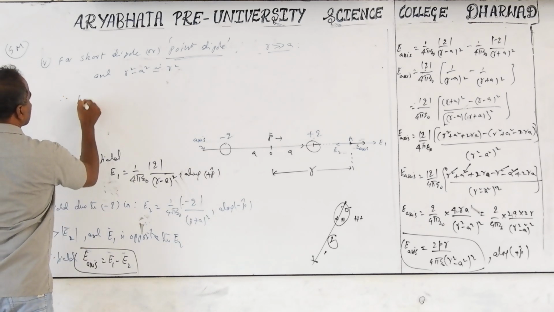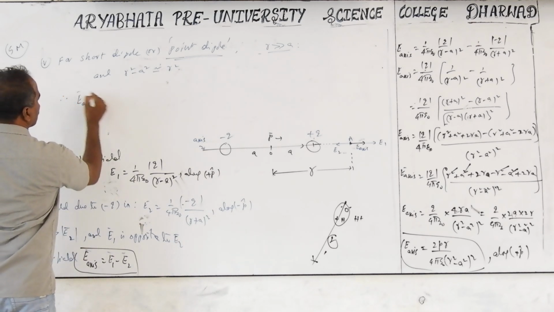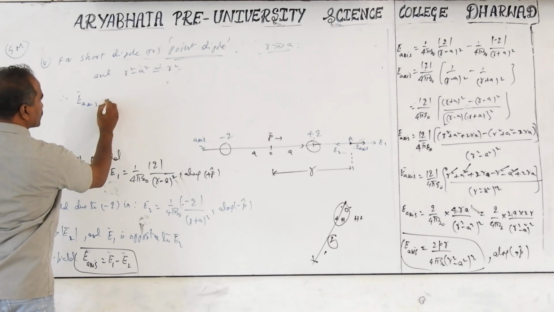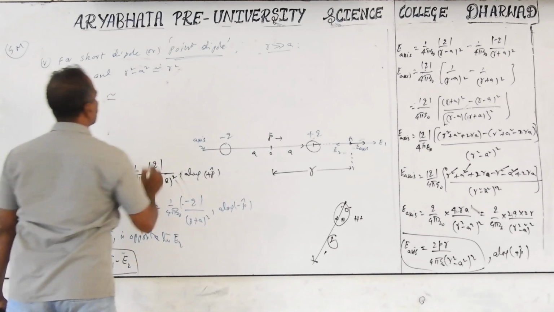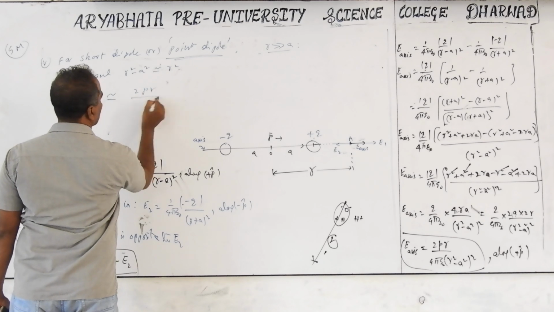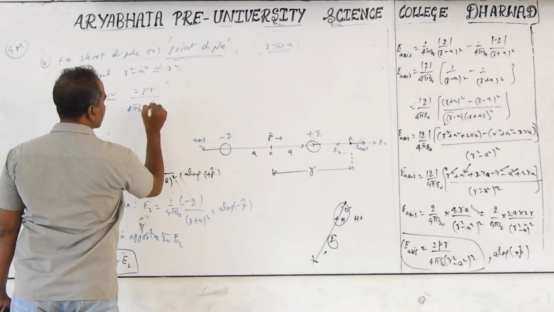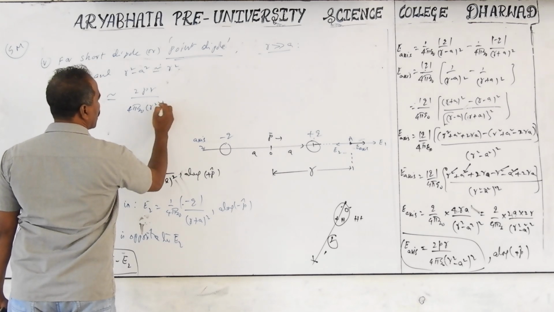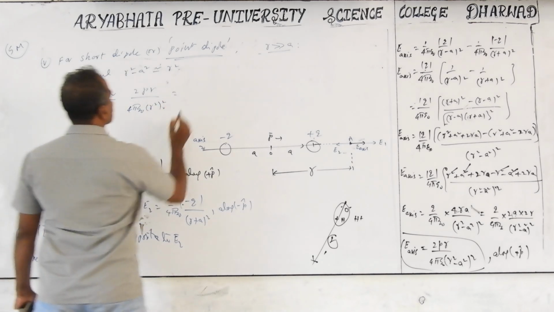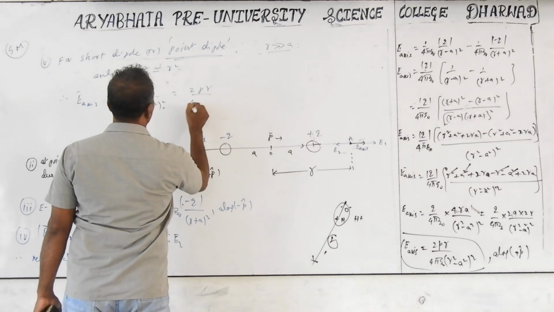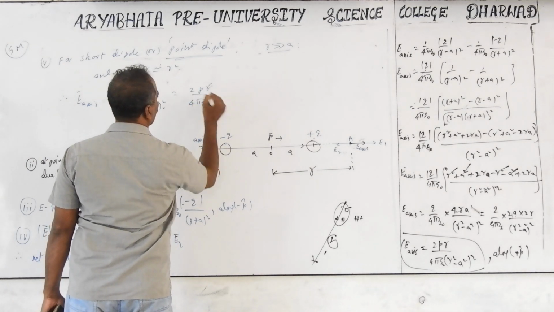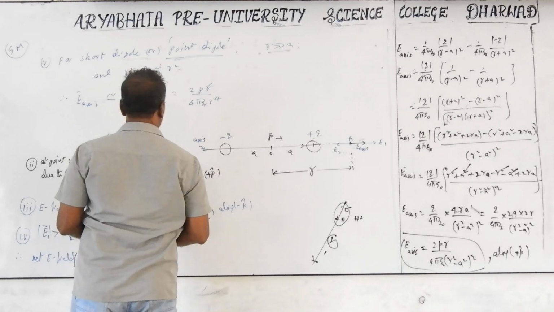Therefore, on the axis, the approximate form of E axis becomes equal to 2pr by 4 pi epsilon into r square minus a square, which is r square, so r to the power of 4. It is 2pr by 4 pi epsilon into r to the power of 4. Well, r cancels, and it comes out to r cube.